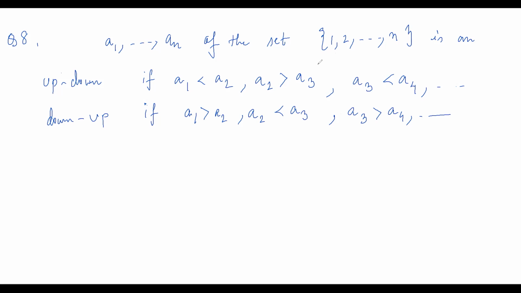Now in the problem it was asking for alternating sequences of length 5. Now we are working with length n. We don't know from where we will take those n numbers.